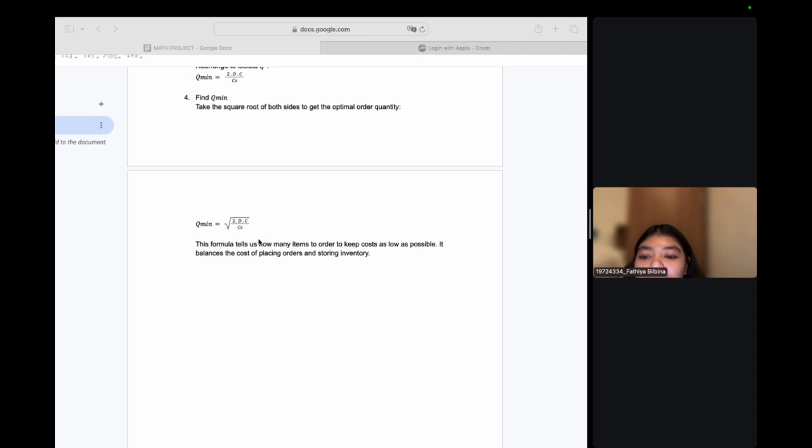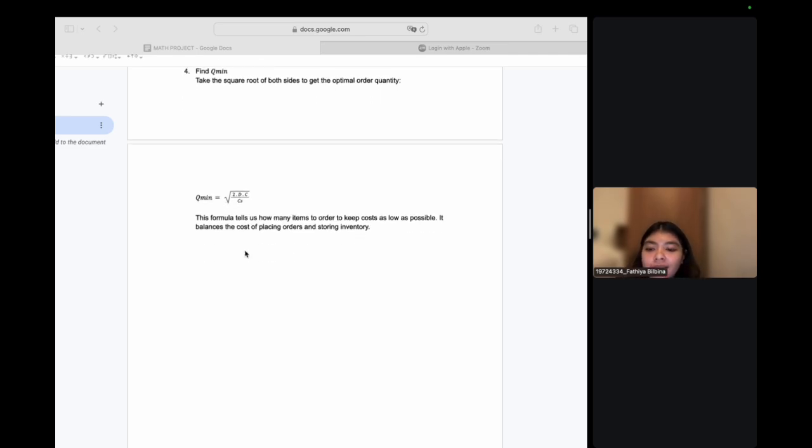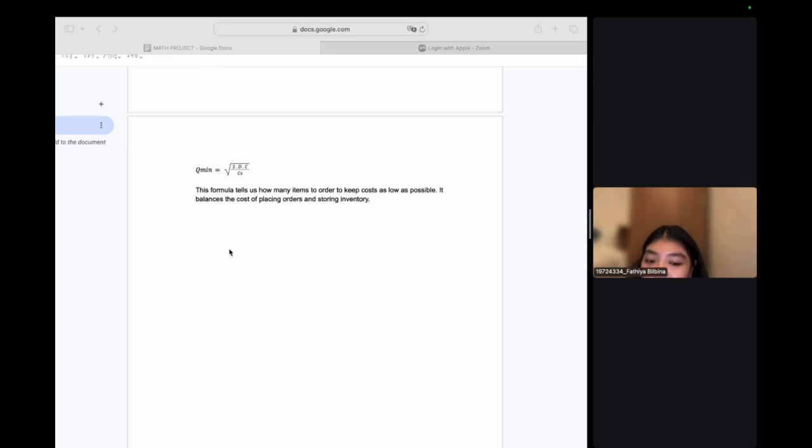The conclusion is that this formula gives us the optimal order quantity that minimizes total cost. By balancing ordering and storage costs, we can manage inventory more efficiently, and that's how we solve the problem.